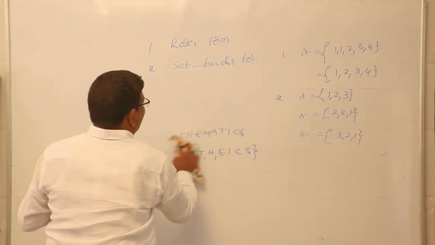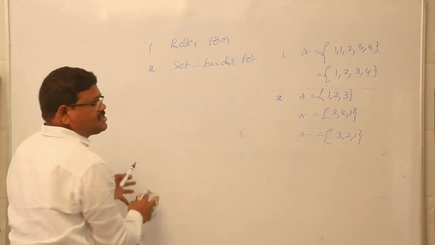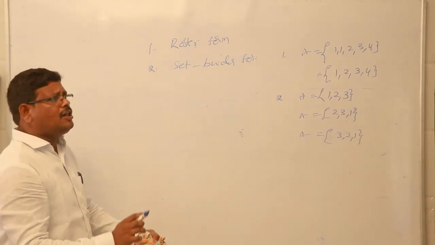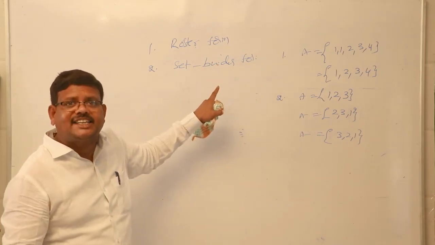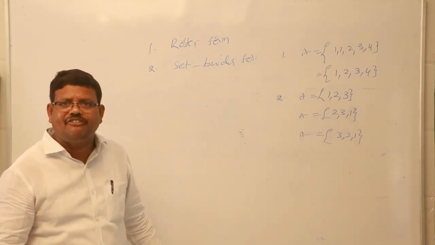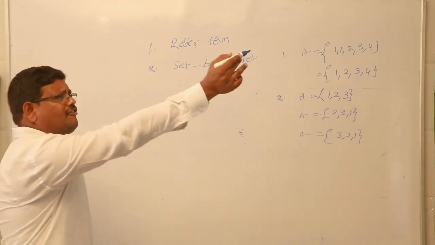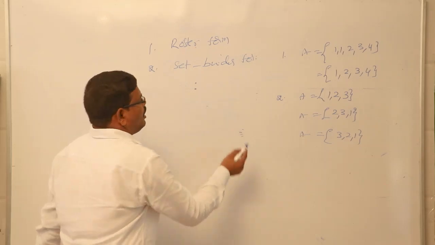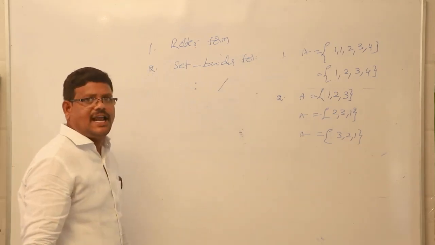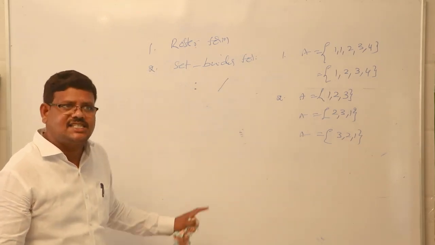What is set builder form? In set builder form, all the elements possess a common property or common characteristic. In set builder form we use a colon or a slash, such that.